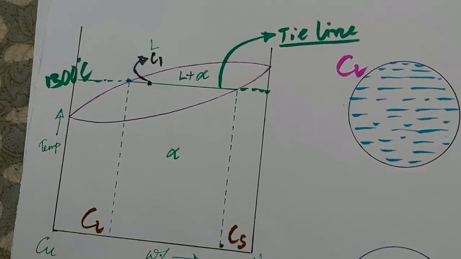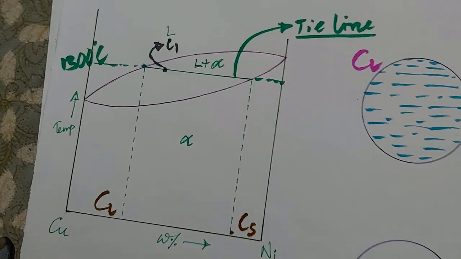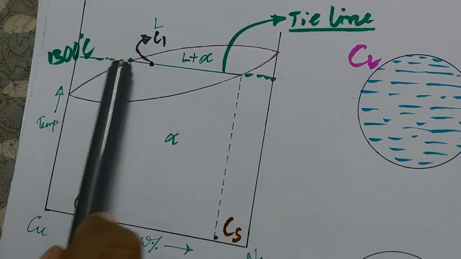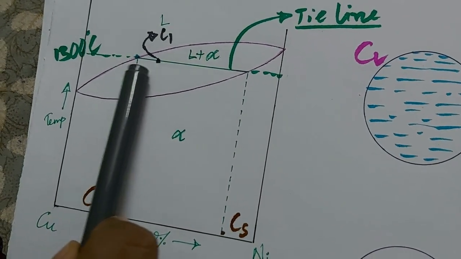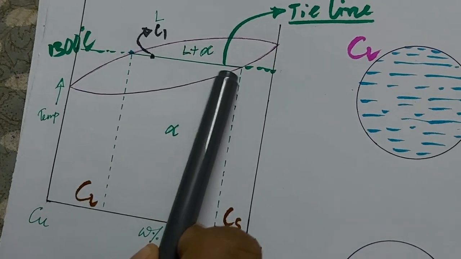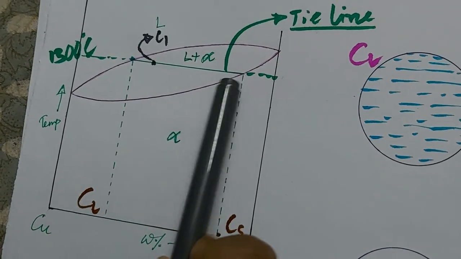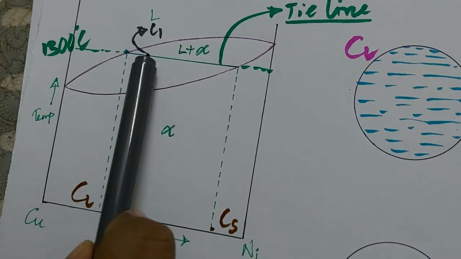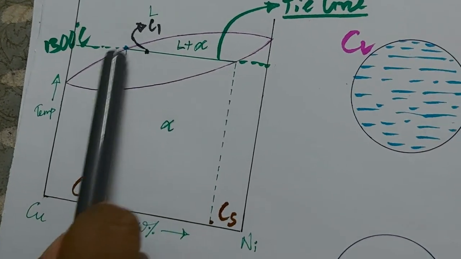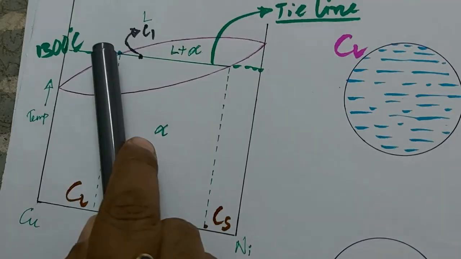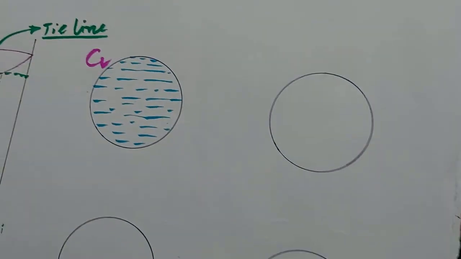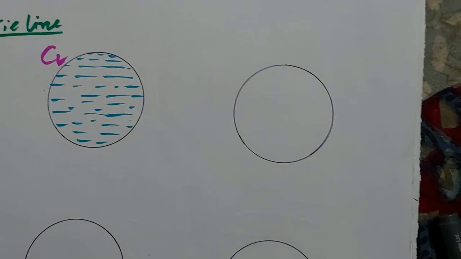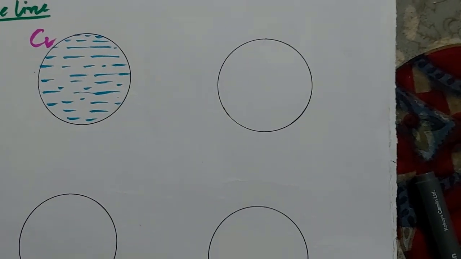This is near about this Cl line, and here the liquid state is converting into solid phase. So as it is near about this liquidus line, liquid phase will be greater than the solid phase.